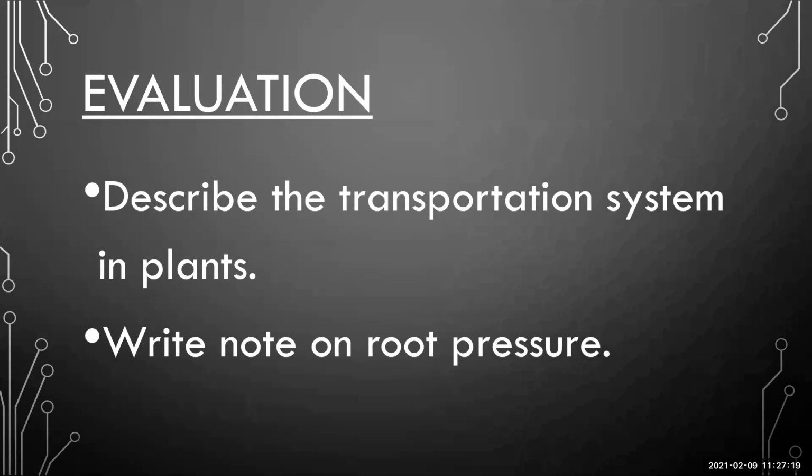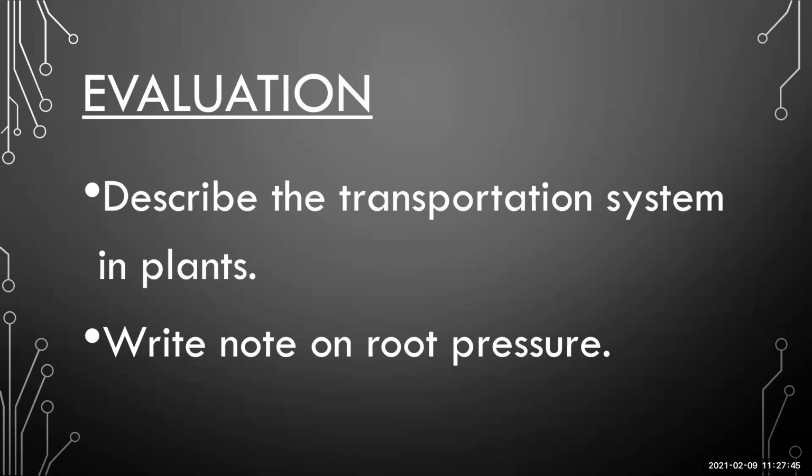You will include points like plants will get the water from the roots, which are the nearest part of the plant to the soil, which is the richest source of the minerals and the water. So such points you can include in this.